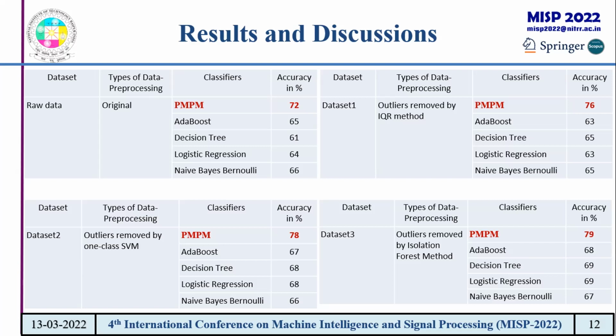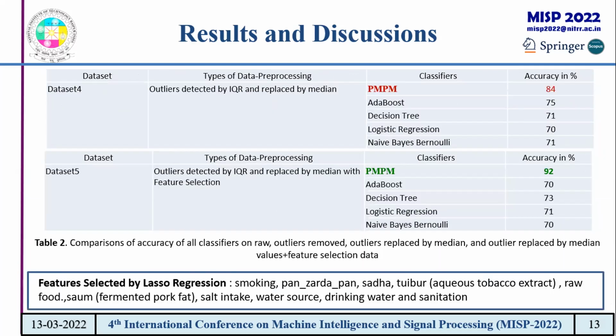Similarly, we have done it for isolation forest. There was a mild increase in accuracy by the proposed model. It was 79. And then we replaced all the detected outliers with the median, out of which the interquartile range method data set has given the highest accuracy of 84, higher than the other replacements done for one-class support vector machine and isolation forest.